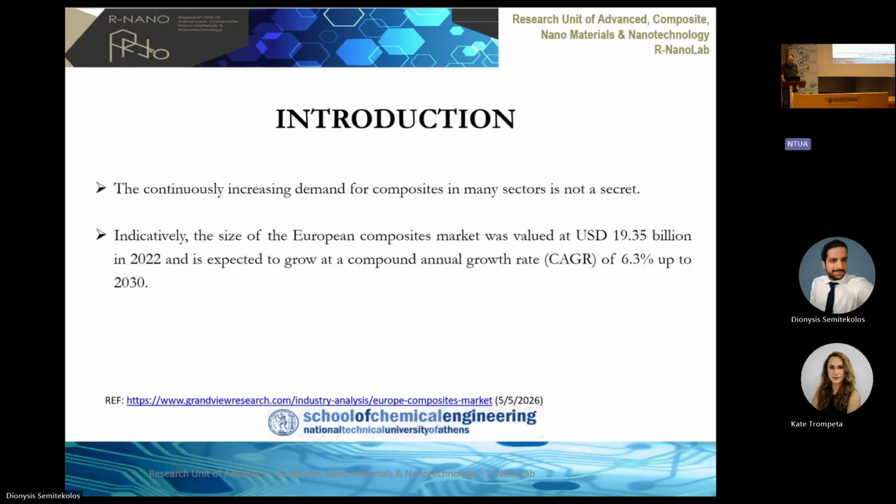As far as you know, since we talk about composite materials, the demand is continuously increasing, and this is not a secret. The market size of European composites was about $20 billion in 2022, and it is expected to grow at a rate of about 6% up to 2030.